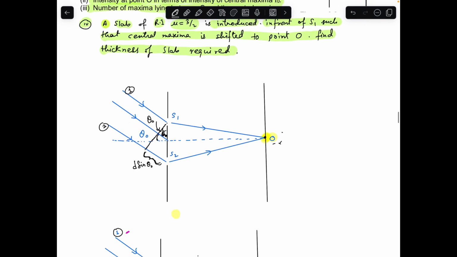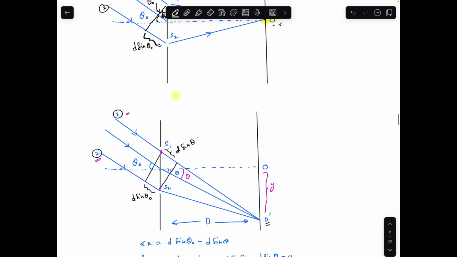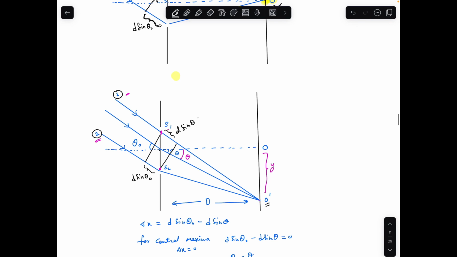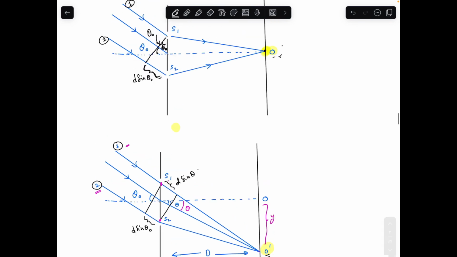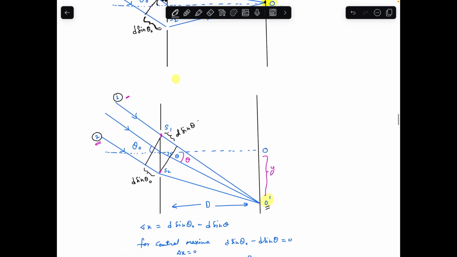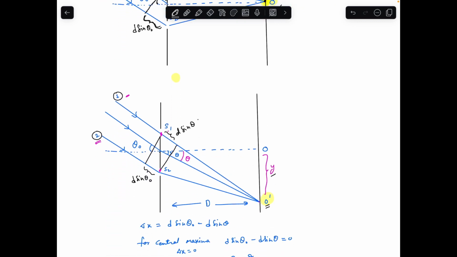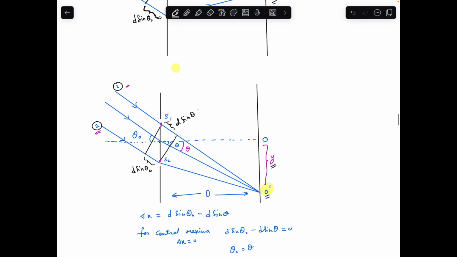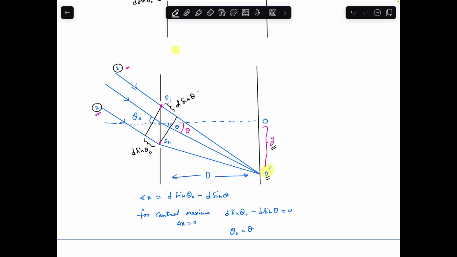Okay. Now I am assuming that they are meeting at some point O dash where it is forming central maxima. Definitely at O it will not form central maxima because there is some path difference. So if I consider it is forming central maxima at a distance of y below, now here at this point central maxima path difference has to be 0. So for path difference 0, what is the path difference between 1 and 2?